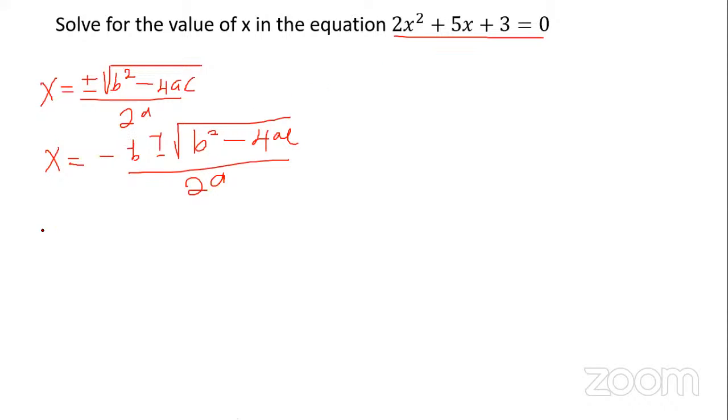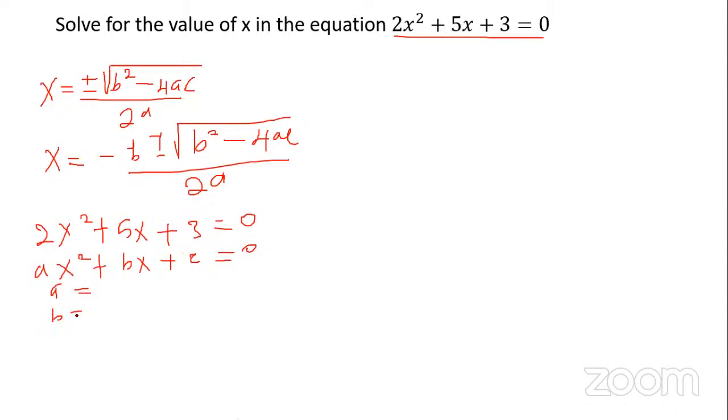So from our equation, 2x squared plus 5x plus 3 equaling 0, if compared with ax squared plus bx plus c equaling 0, what would be the a value, what would be the b value, and what would be the c value?